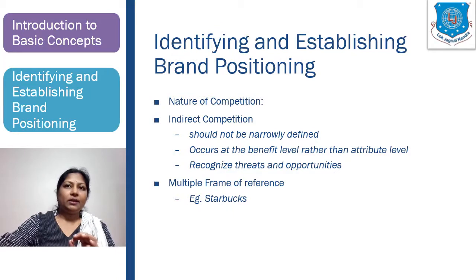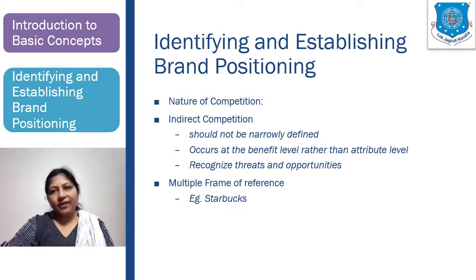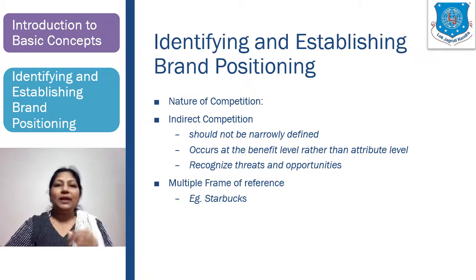Now, the indirect competition, this suggests that brands do not face direct competition in the product category, but it still shares some abstract associations and faces some indirect competition. Here, the competition occurs at the benefit level rather than at the attribute level.